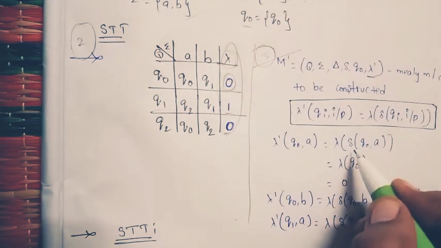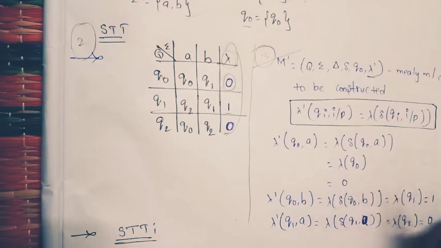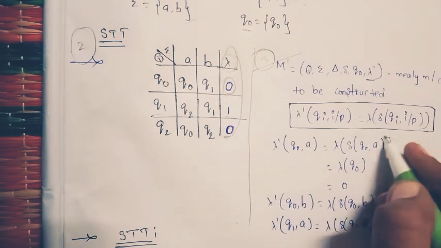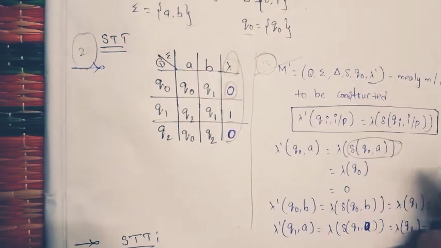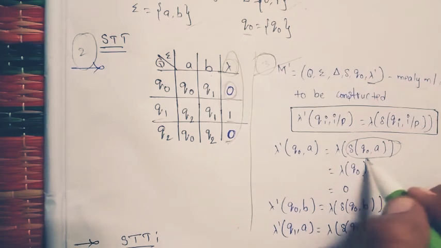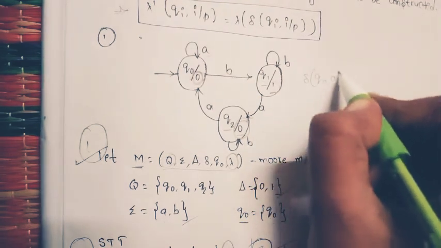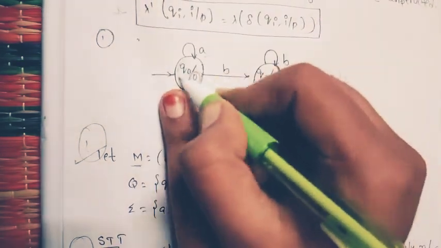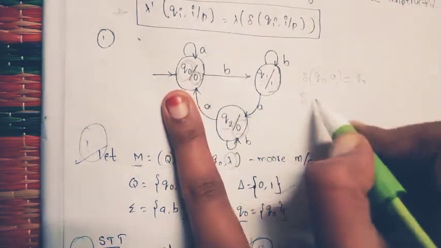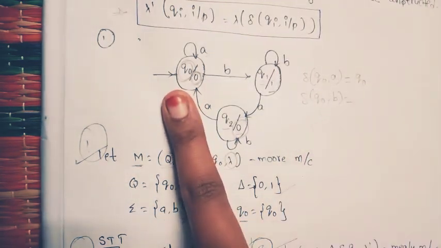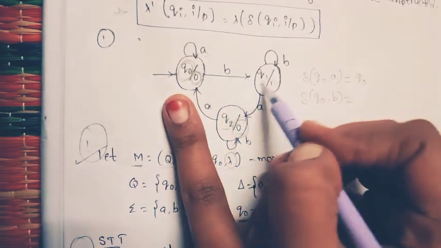Then what about this small delta of q0 comma a? Here we need to compute this thing. You all know how to compute the small delta of q0 comma a. See here, guys, now I will say how to do this. Delta of q0 comma a means q0 of a. What we got here? Q0. Comma b, that means we have q0 of b is q1.